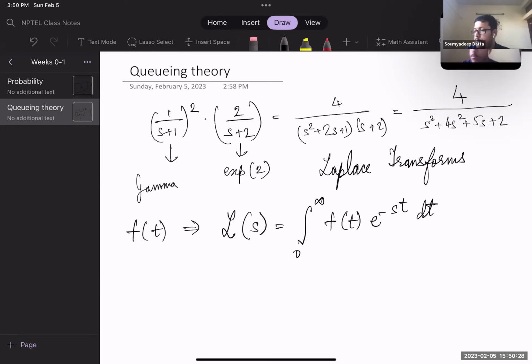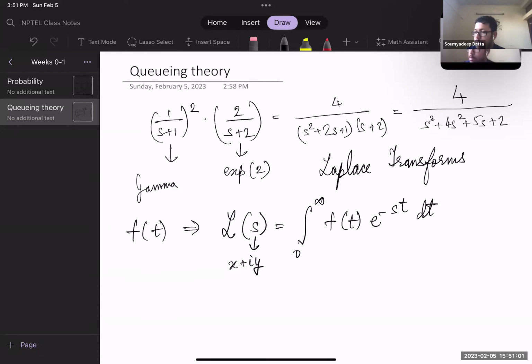This is also another form of the moment generating function, and there are many similar quantities. S here can actually be a complex number, some kind of x plus iy, and then this becomes a little bit of complex algebra.